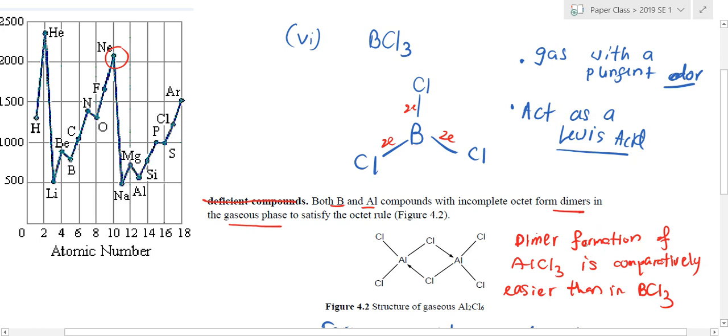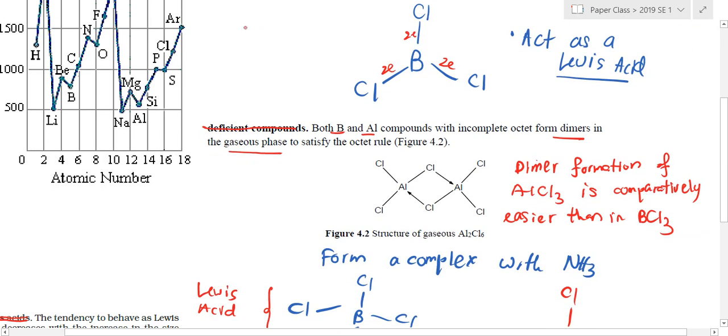Okay, and that is not the true correct answer. Actually, you have to go beyond that. The dimerization of AlCl3 is somewhat easier because the atomic radius is high. That's true, but also due to the presence of d orbitals.